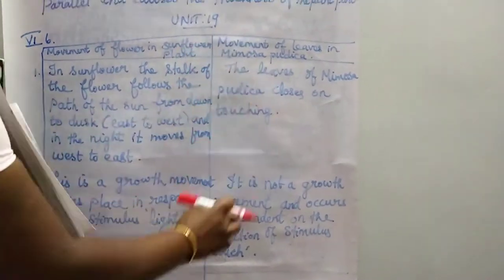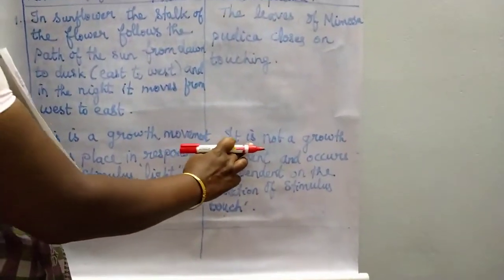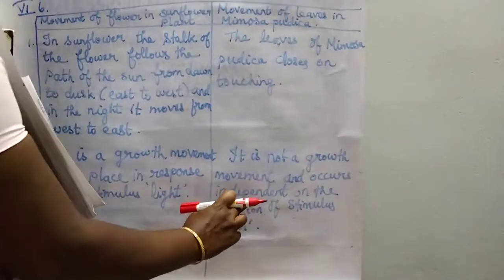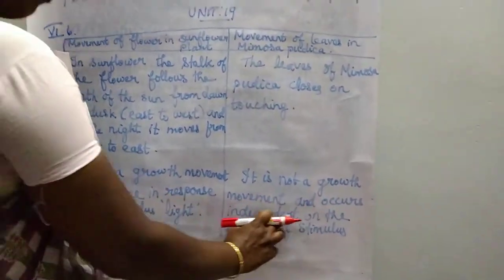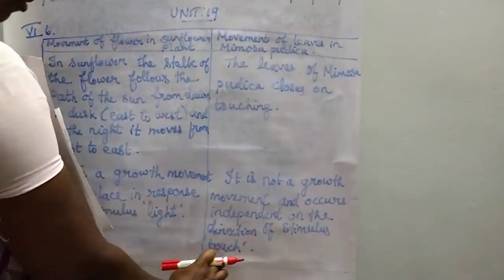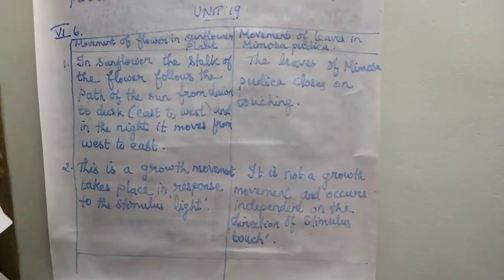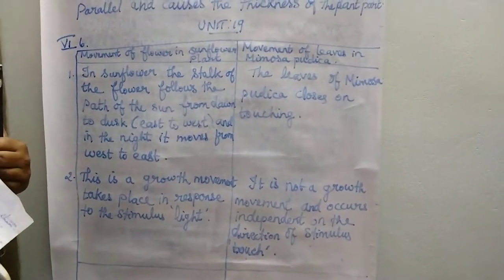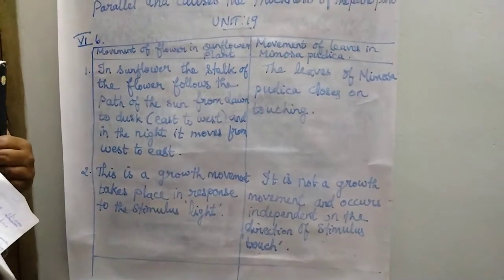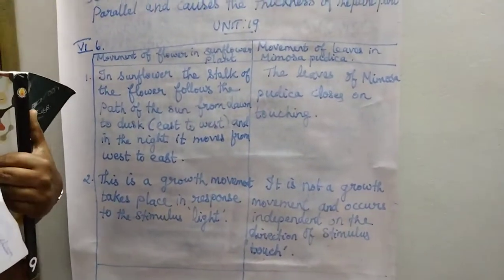Then under Mimosa pudica, the second point is it is not a growth movement and occurs independent on the direction of stimulus touch.